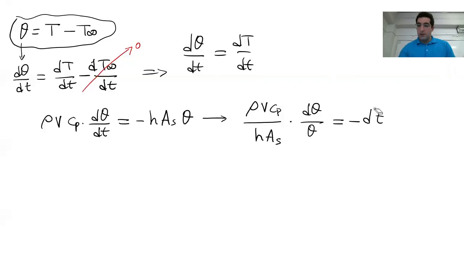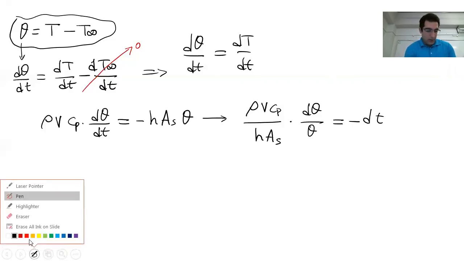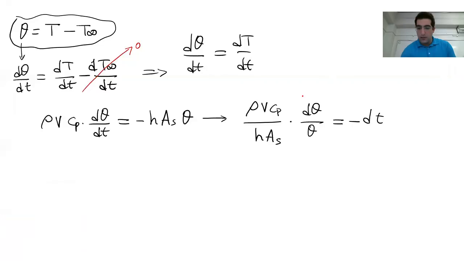Now I'm going to integrate both sides. Again, rho V Cp over hAs, all of them are constant, so they can come outside of the integral. And on this side I have the integral of dt. The initial temperature was Ti, so with my new variable it becomes theta i.